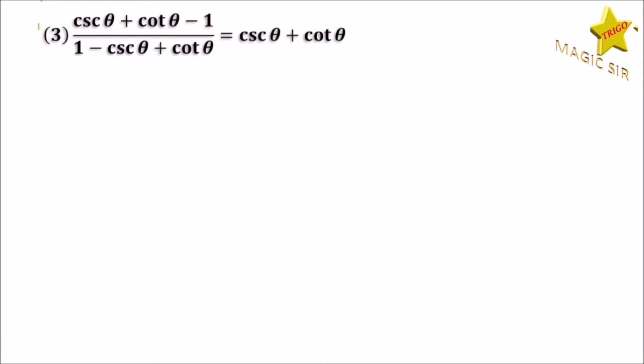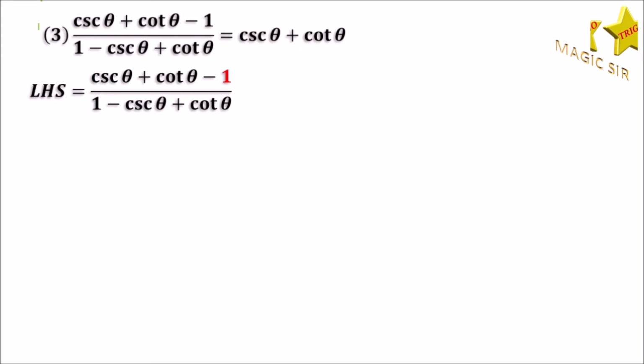Look at the example 3. Let us take the left hand side for simplification, as it seems very complex than the right hand side. Look at the left hand side. We need to figure out how to proceed further.